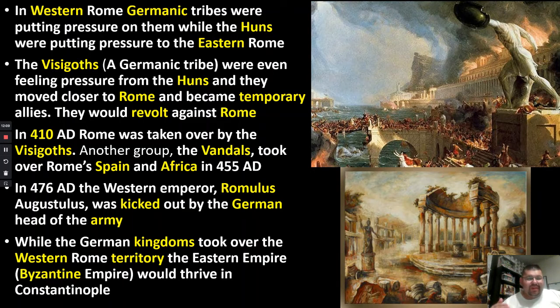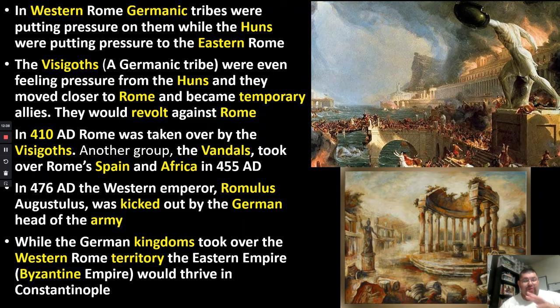But right when they defeated the Huns and pushed the Huns back, they revolted against each other, and it just so happened that the Visigoths revolted first and attacked Rome. By 410, Rome was taken over by the Visigoths, and another group called the Vandals took over Spain and Africa.